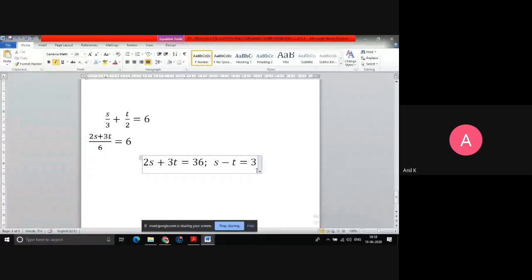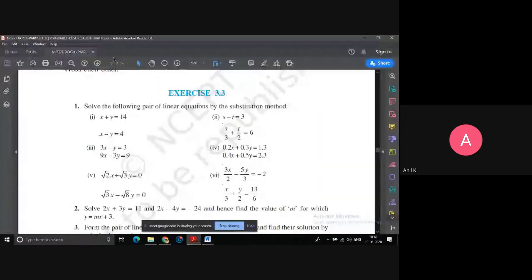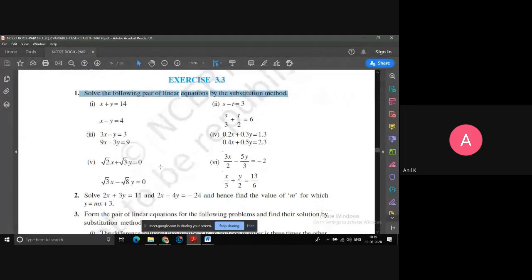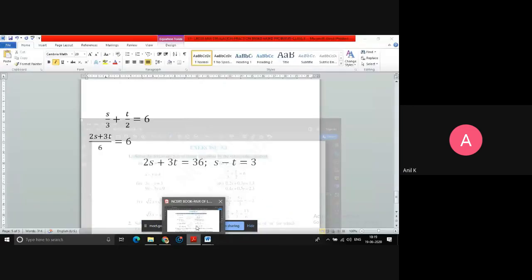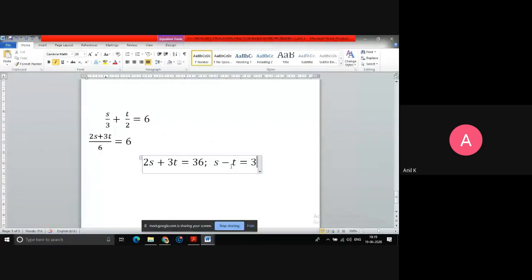In this question, solve the following pair of linear equations by substitution method. All these 6 questions you have to solve by the substitution method only. So here I go for equation number 1.